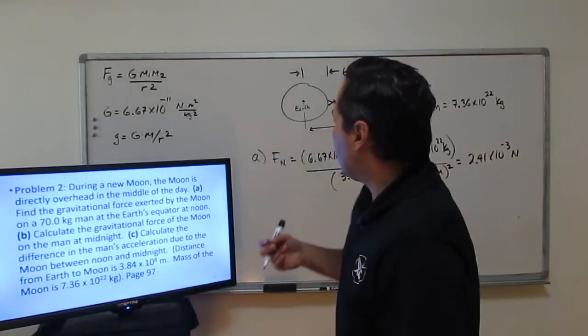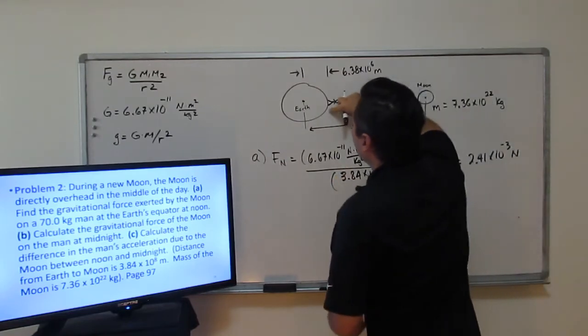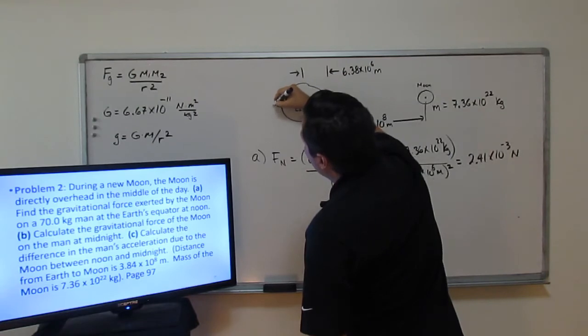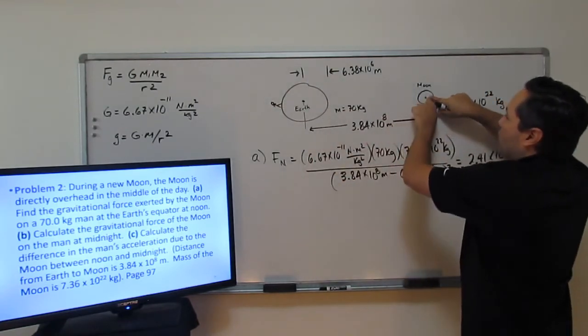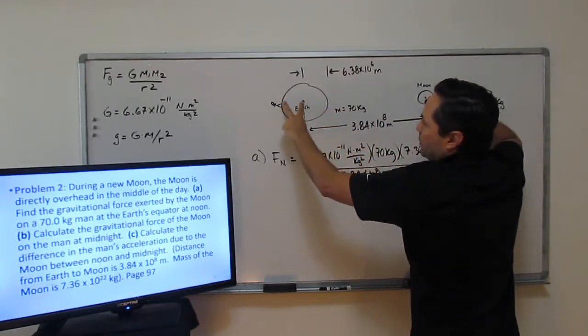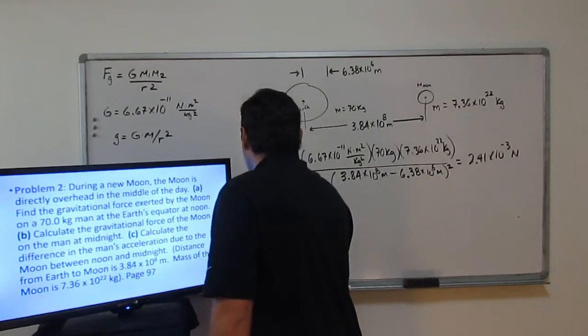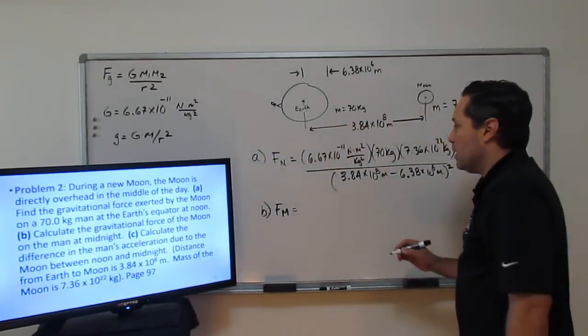Next, what about in part B, where they want it at midnight? Now our man is no longer here, it's been 12 hours, so now he's on the other side. So to get the total distance, remember it's from the center of the moon to the center of the planet plus the radius. So that's going to switch to be an addition. So part B, put an M for midnight, the force at midnight.